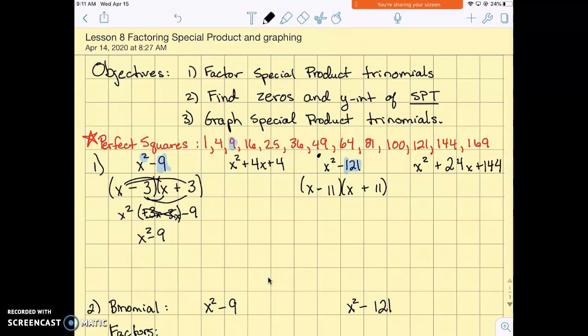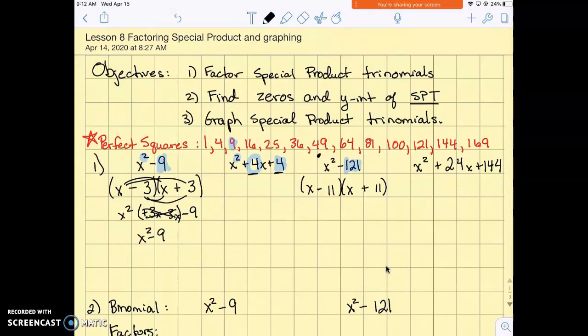Cool. Let's look at this different scenario where we have a number at the end. We have a c value, a constant at the end, but we also have our good old b value. Is x squared a perfect square? Yes, it is. Is 4 a perfect square? Yes, it is. Is this middle value 2 times the square root of 4?